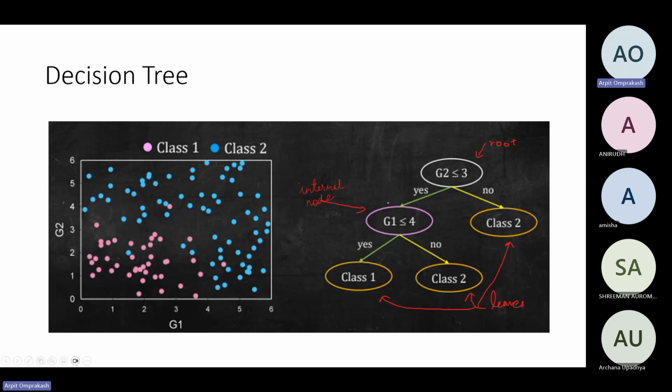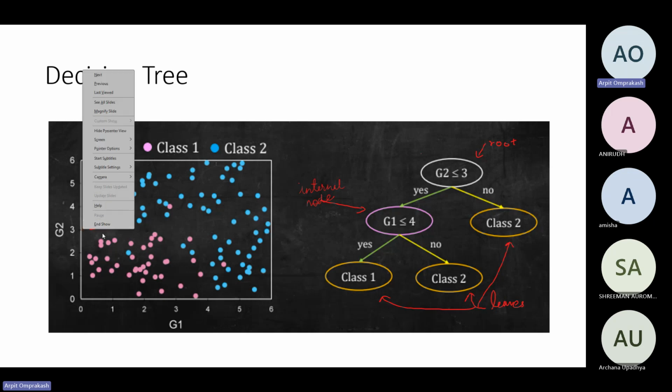So how does this work? It divides the whole space into smaller subspaces and then assigns a class to each subspace. Here we have G2 is less than or equal to 3, a logical statement. So we draw a line at G2 equal to 3.